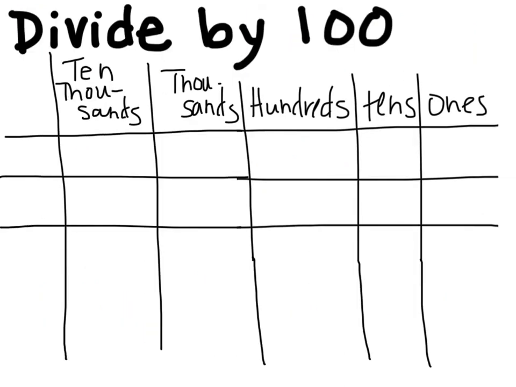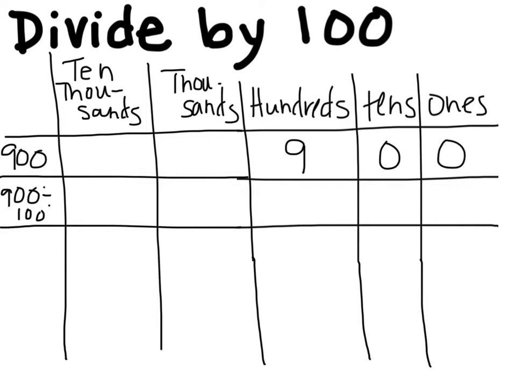A similar pattern emerges when we divide by 100. Let's try dividing 900 by 100. And let's watch what happens on our place value chart. If we were to put 900 into our place value chart, we put the 9 in the hundreds place and a 0 on each of the tens and the ones places.